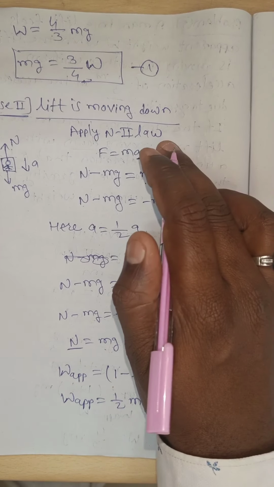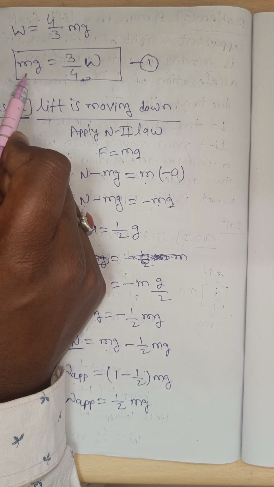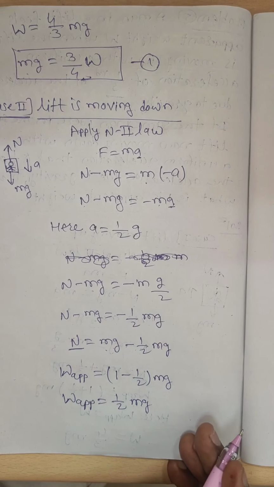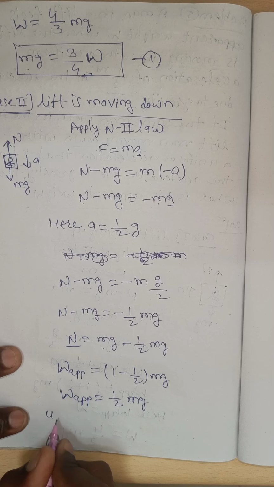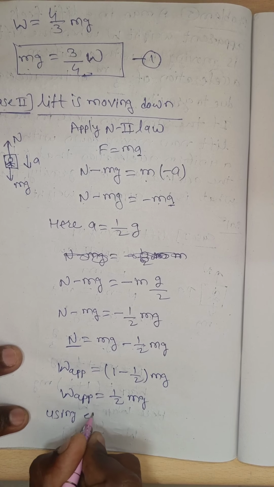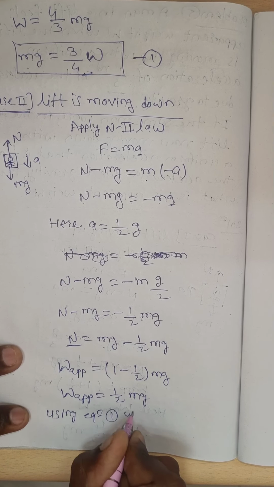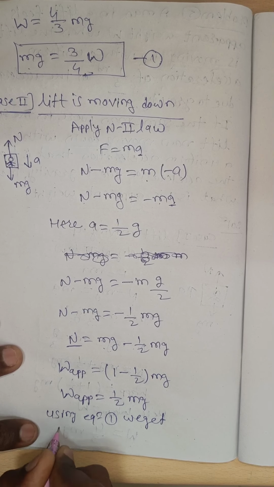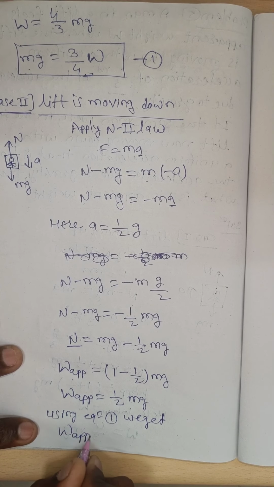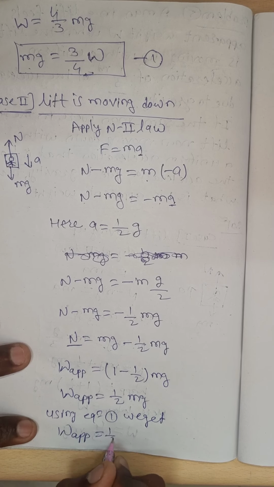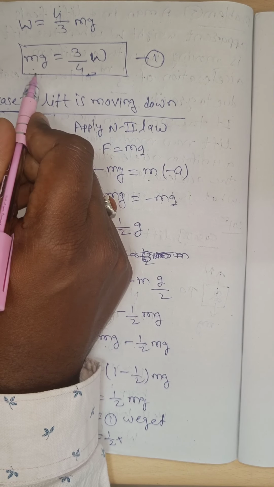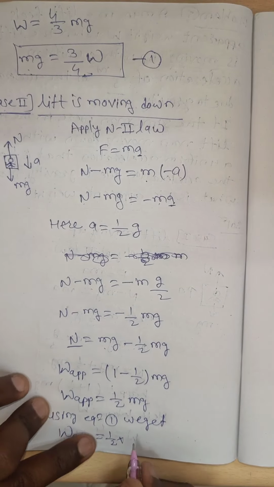Then using equation 1, mg is equal to 3 by 4 into W. Therefore using equation 1, we get apparent weight equal to half into mg. How can you write it?